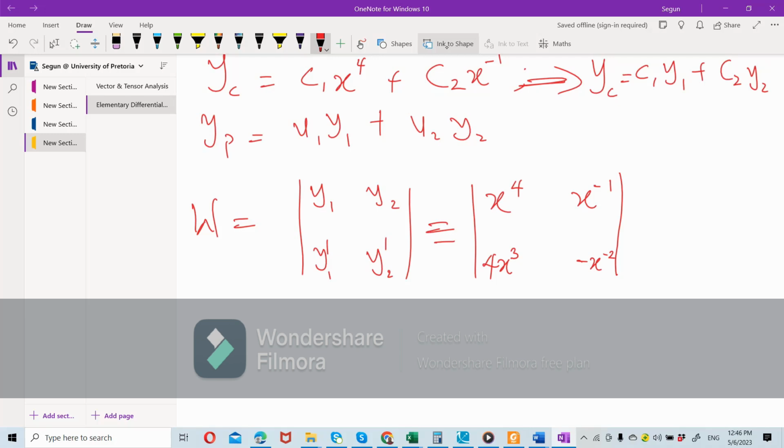Thank you. So now, if you solve it as if you are solving a determinant, multiply this by this. So what do we have?